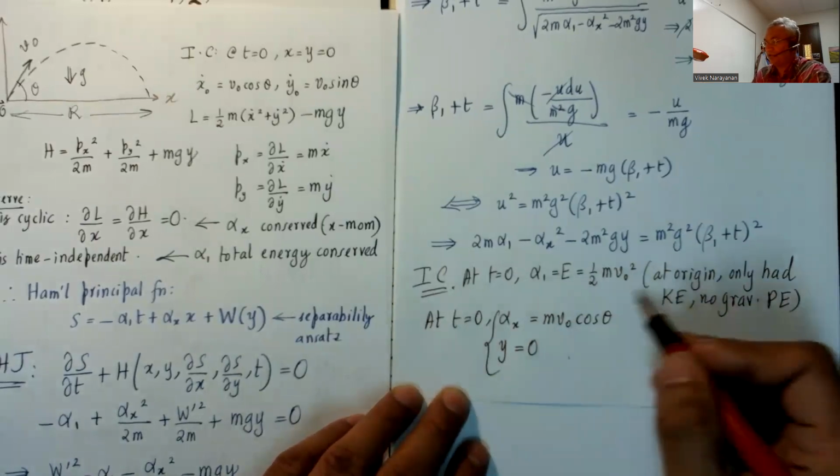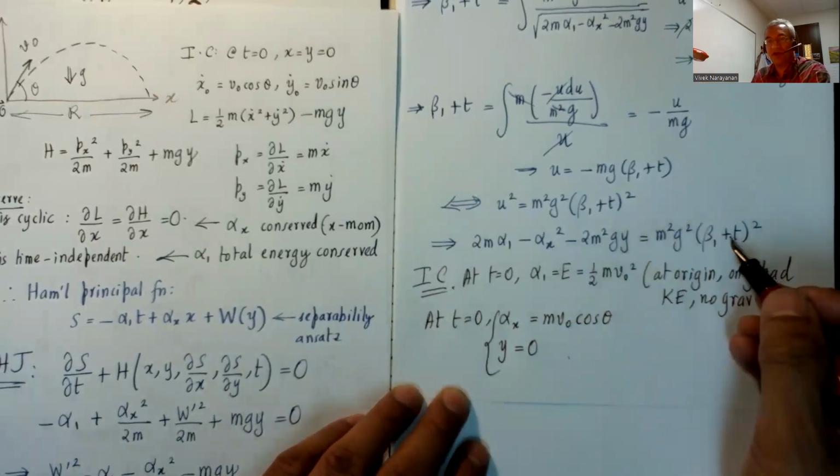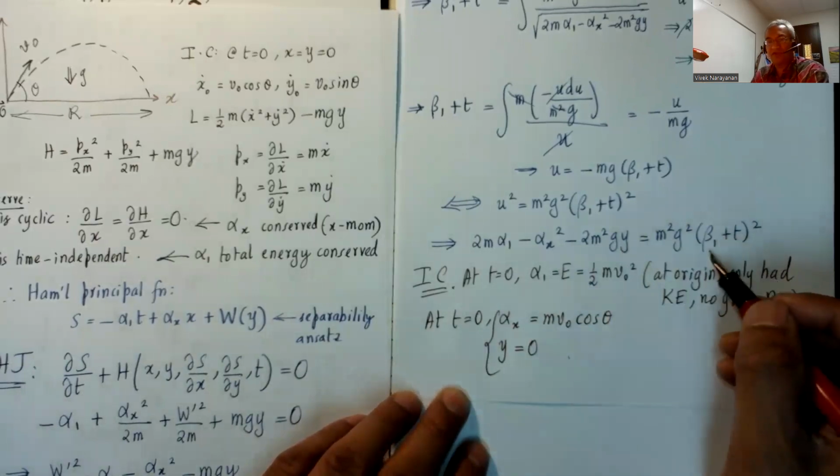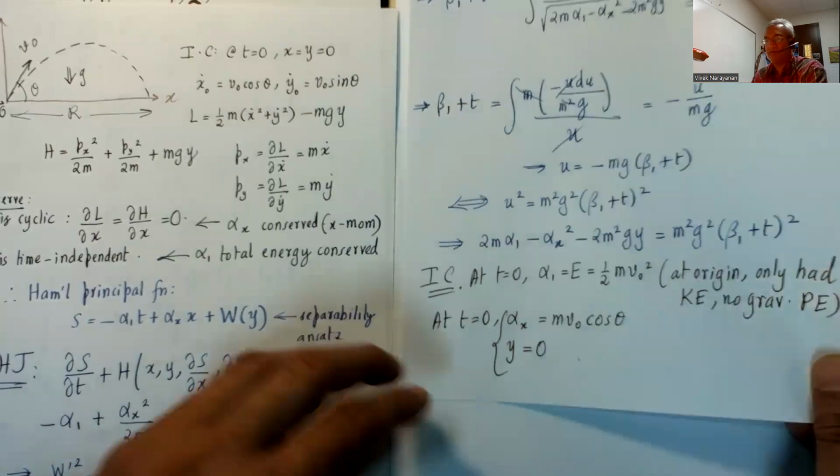So we can substitute all these three things there at t equal to 0 and figure out what beta 1 is. Okay, let's now solve for beta 1.